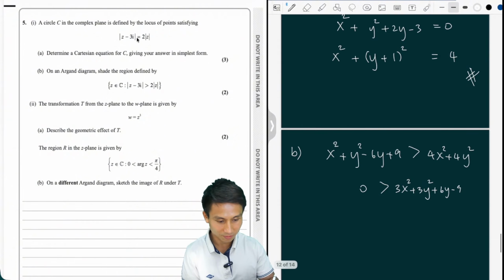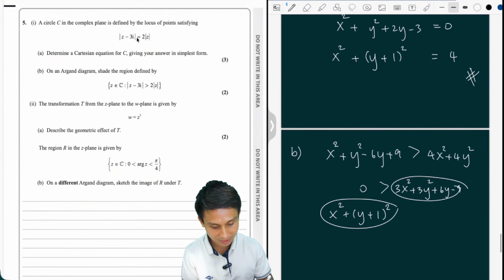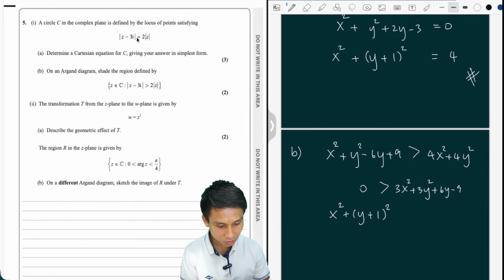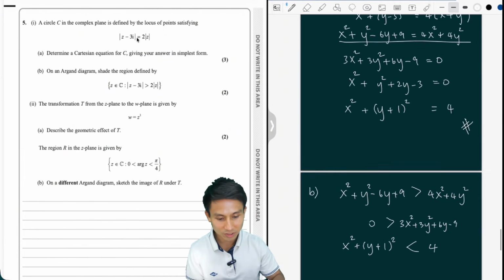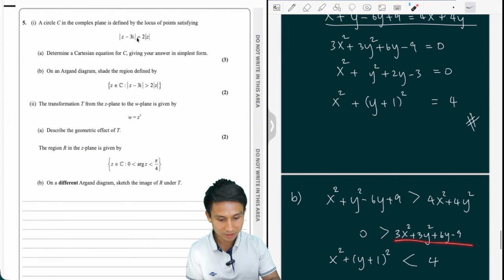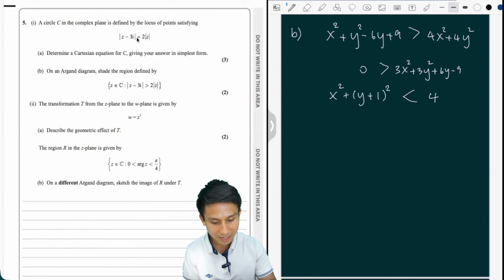So it's just going to be x squared plus y plus 1 squared, because this side is basically this side. So I'm just going to write less than 4, like that. And you can try tracing back here. So this one is that one, so actually the sign should be this first, and then after you get to the last line here, you will see that it's the same as that. So that is saying that this is a circle, of course.